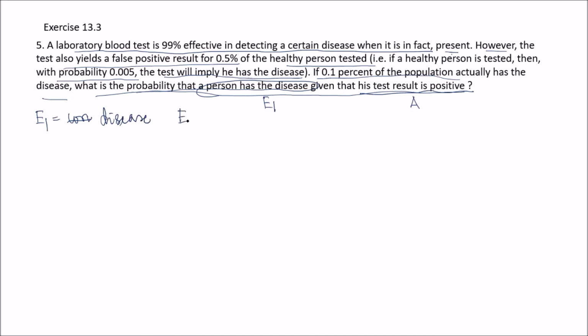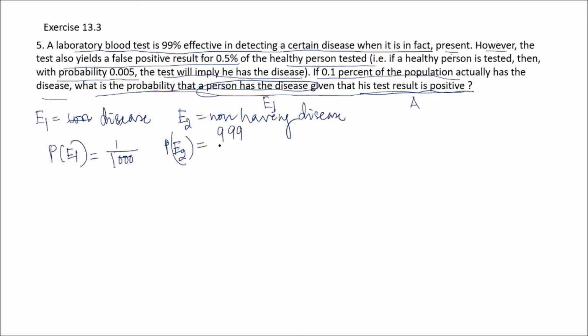And E2 is not having disease, population not having disease. So probability of E1 is equal to 0.1%, which means 1/1000, as we have done there. And probability of E2 is equal to 999 by 1000. Now A is the positive result, test result positive.